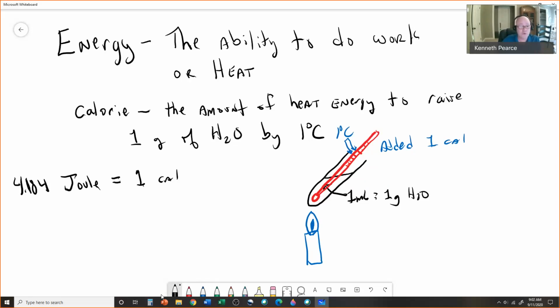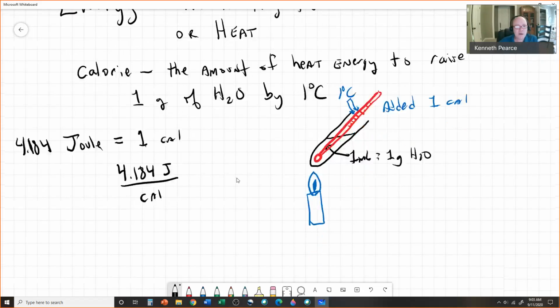But if you do have to convert back and forth between joules and calories, you can use the conversion factor, 4.184 joules per calorie. And of course, you set it up as a conversion, and you can go back and forth between joules and calories, making sure that our units cancel. Okay, and so that's the calorie.